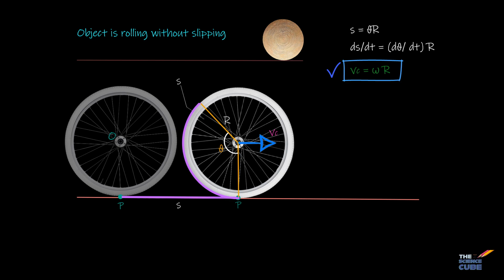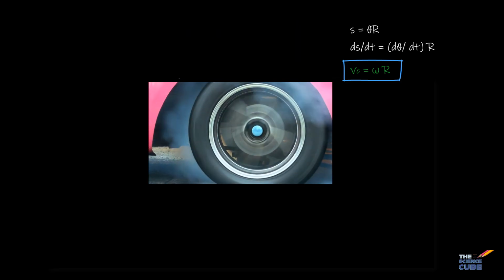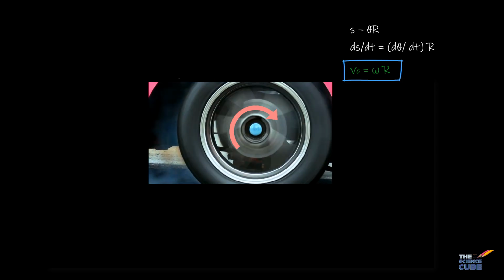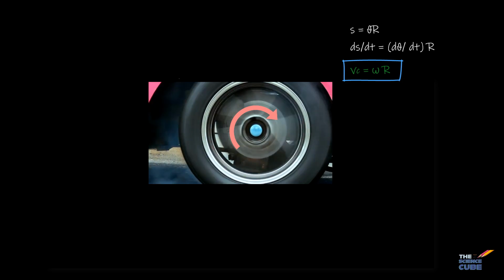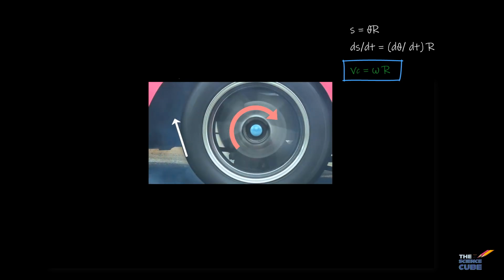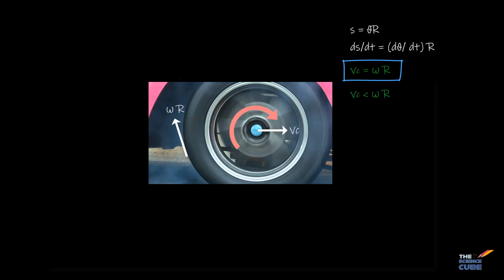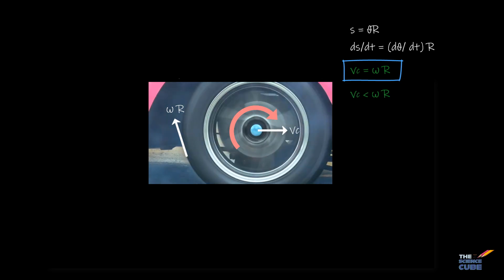So consider another scenario of a racer accelerating from rest, where the driver steps hard on the accelerator that makes the rear tires spin very fast. In this situation, the tangential velocity at the surface of the tire, that is omega r, is greater than the forward velocity of the car's center of mass.